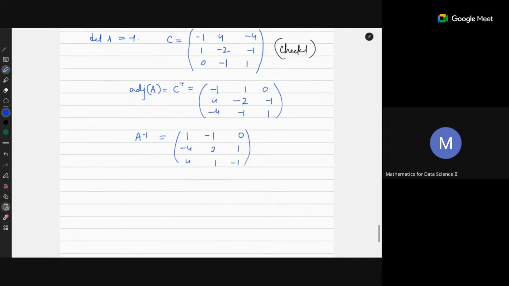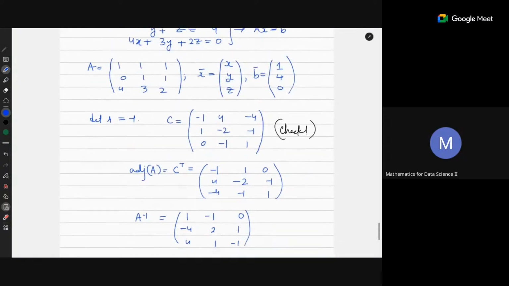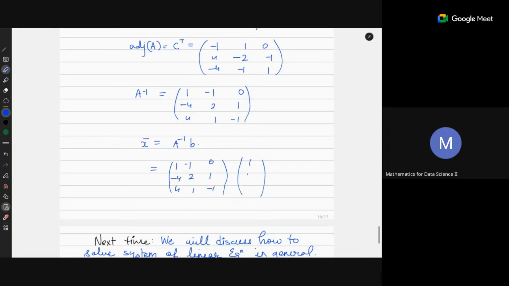Now, what is the solution? So solution of x bar is A inverse multiplied with B. So what is A inverse? We know A inverse is this. What is B? B we know. B is 140. So what is the solution?